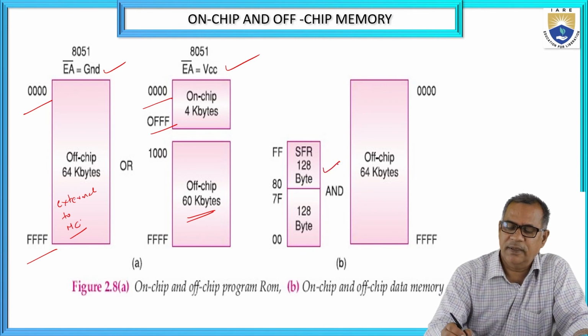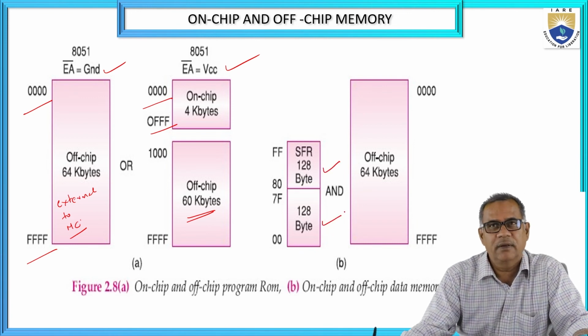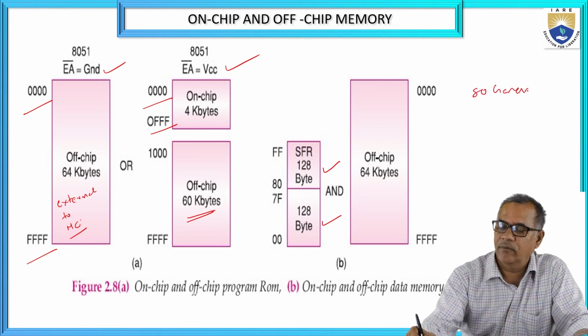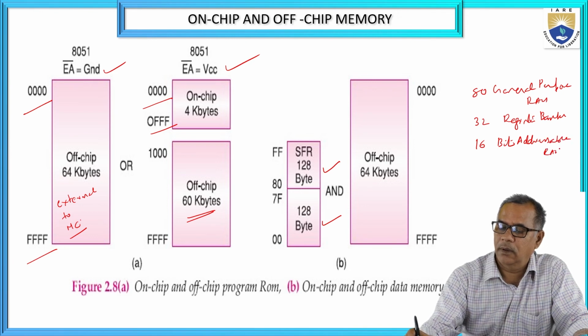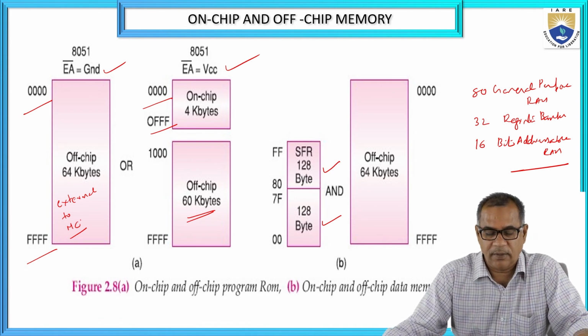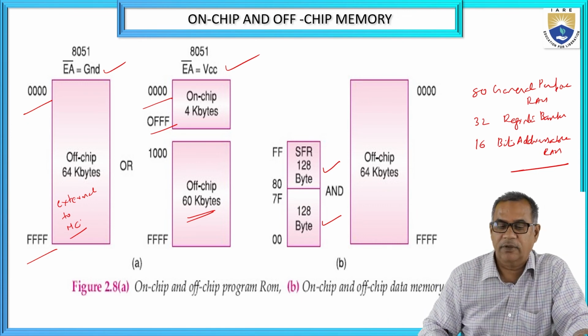This is the 128 bytes of SFRs, and this is 128 bytes of RAM. Out of these 128 bytes, as I mentioned just now, 80 bytes are general purpose RAM, 32 bytes are the register banks, and 16 bytes are bit addressable RAM. So this is how the off-chip and on-chip program memory are planned in the 8051 microcontroller.